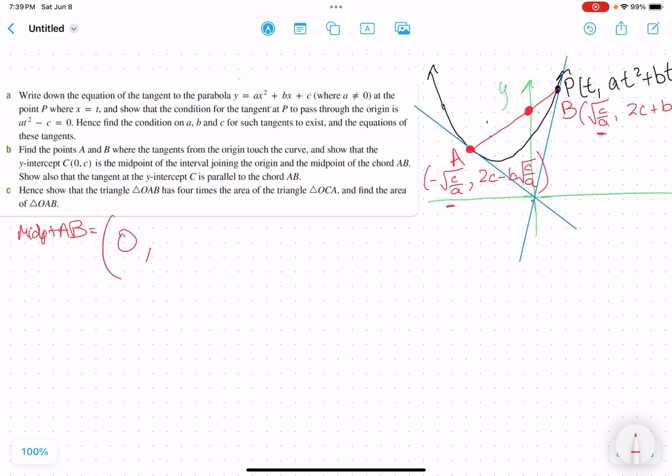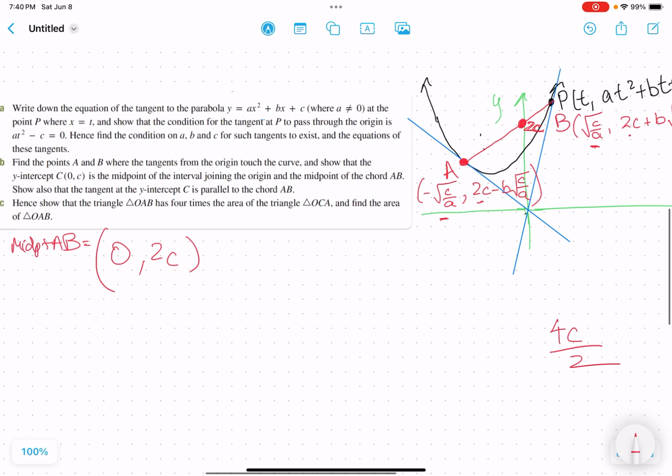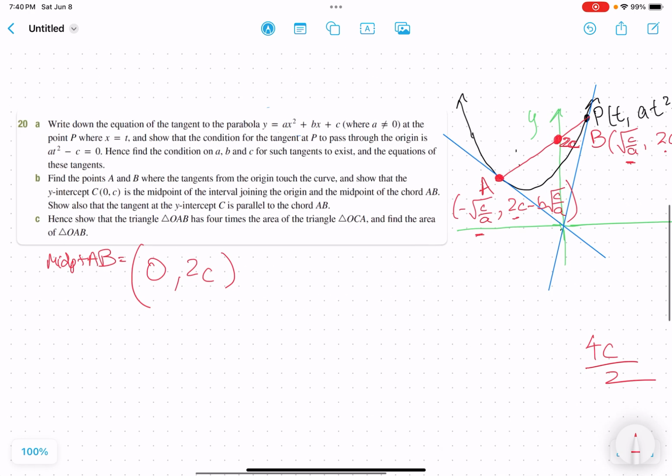And then if I add the y's together, I've got a 2c and a 2c. That's 4c. And I've got plus b root c on A and minus b root c on A, which is 0. Now if I average those, I get just 2c. So that point there is 2c. Now, what we want to show, what did it say?